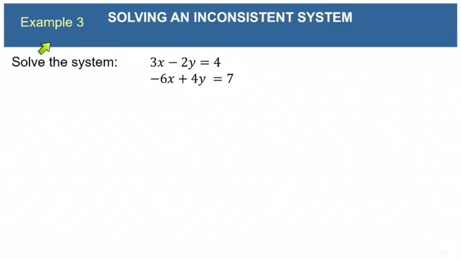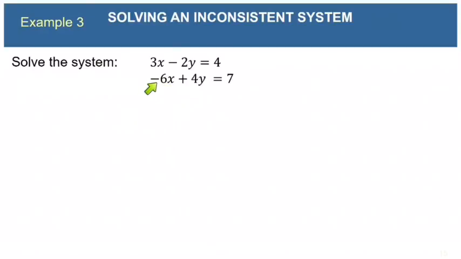Now here's example 3. This says solve the system 3x minus 2y equals 4 and negative 6x plus 4y equals 7. Notice that none of the coefficients are 1s, so the substitution method is out here. Let's go for the elimination method, and I'm going to choose to make my x coefficients the same but opposite.